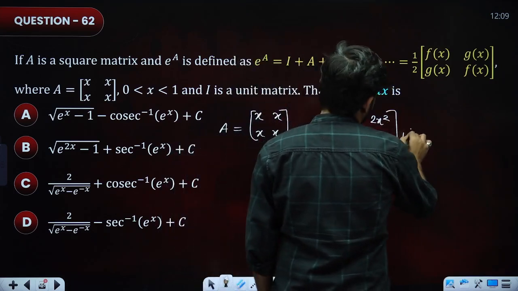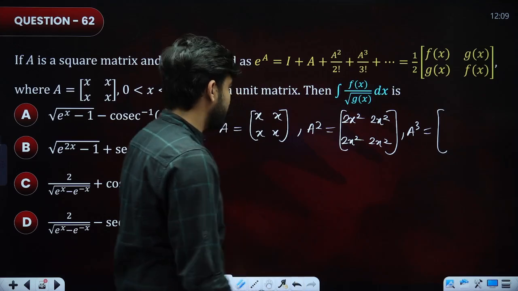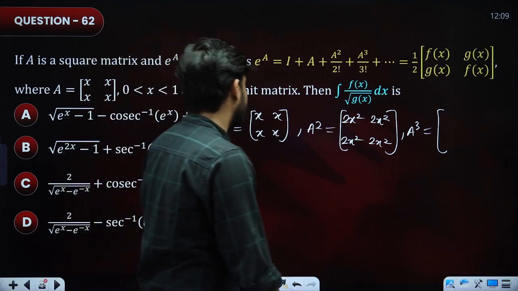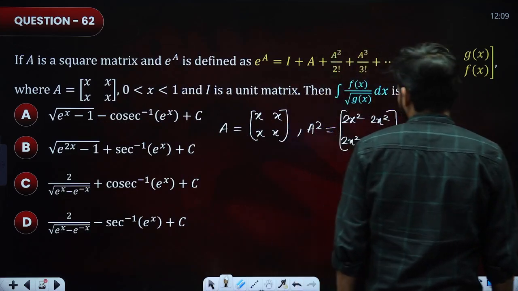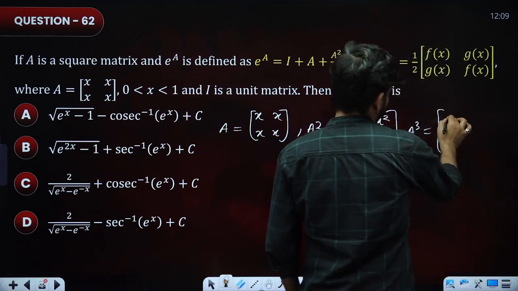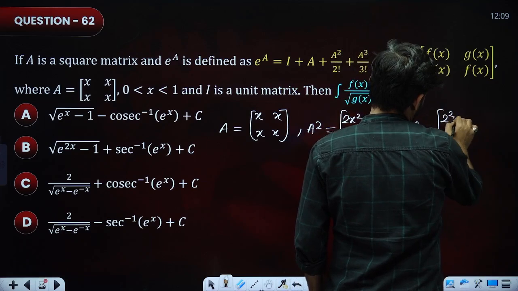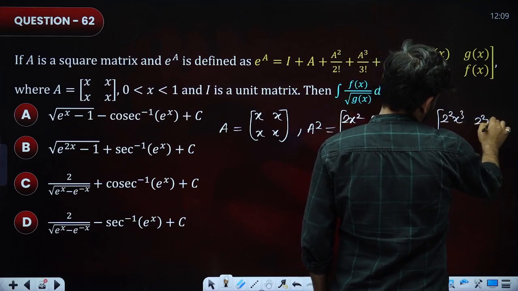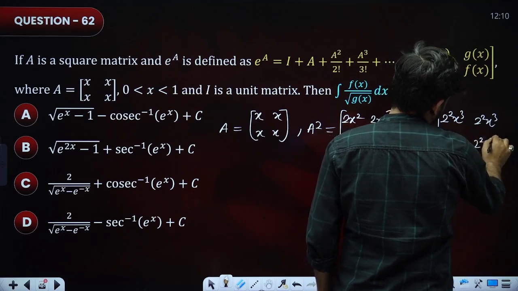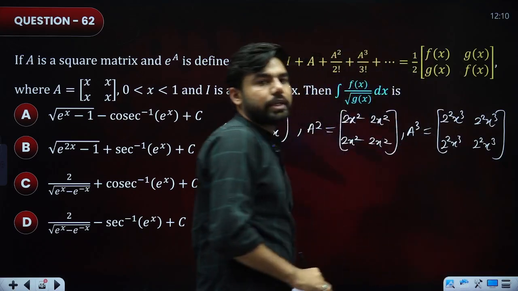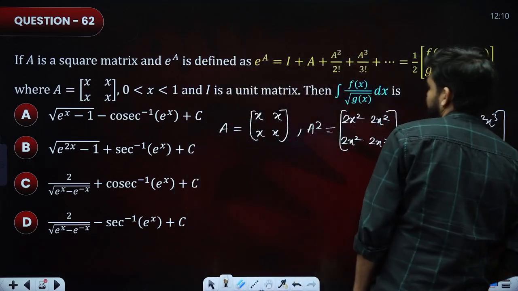Similarly, if I take A cube, for that case also this is 2x cube plus 2x cube, so this is 4x cube. We can write it as 2 square x cube in every entry. That's how we can write it, and so on for all the values.